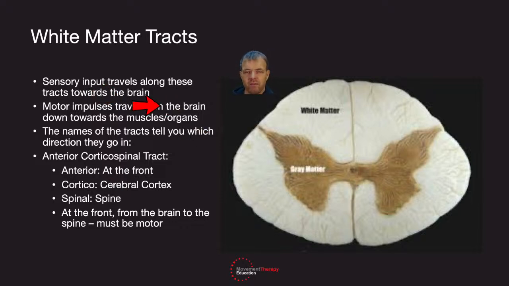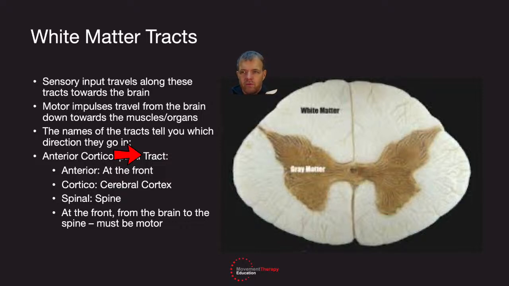Okay, so when you receive information via those dorsal roots, depending on the information, it will then access a certain tract. So if you imagine it like a lift, like an elevator. Okay, so you've got all these different elevators in the spine, and depending on what information is coming in, the information will go into a certain elevator and then go up to the brain.